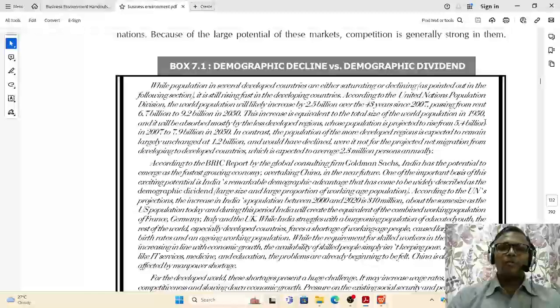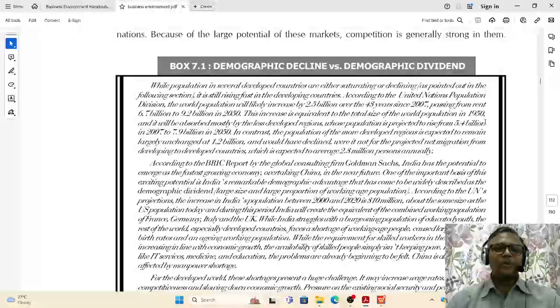In contrast, the population of the more developed regions is expected to remain largely unchanged at 1.2 billion, and would have declined were it not for the projected net migration from the developing to the developed countries, which is expected to average 2.3 million persons annually.